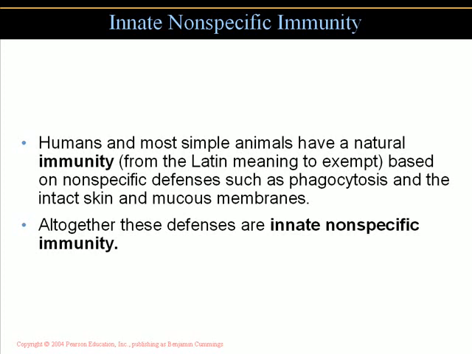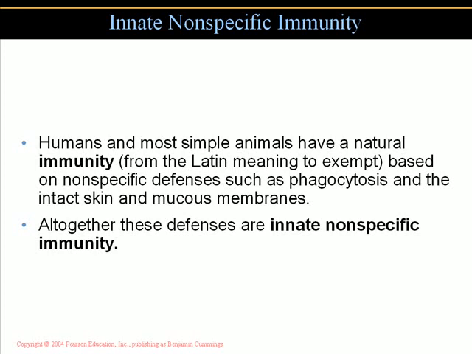It's based upon a non-specific defense system such as phagocytosis, which we talked about not only in the beginning of this class, but also in Anatomy and Physiology Part 1. Both the A&P 2 and A&P 1 students in here are familiar with that concept.